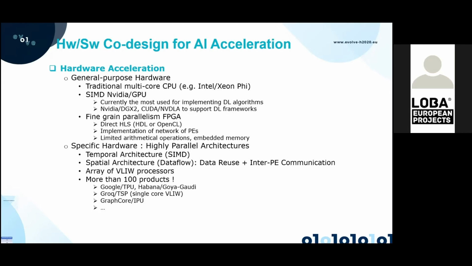Here are some examples I put in: Google TPUs, Habana Goya for inference and Gaudi for the training part, Groq TSP or Graphcore IPU, for example. So here are the main industrial products existing in the context of many other processors. Most of them are some kind of specific implementations on general purpose technologies like GPUs, for example.